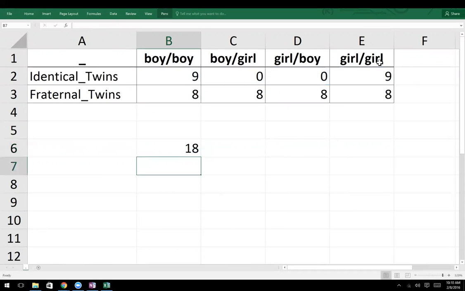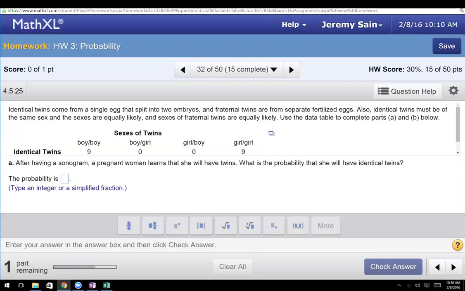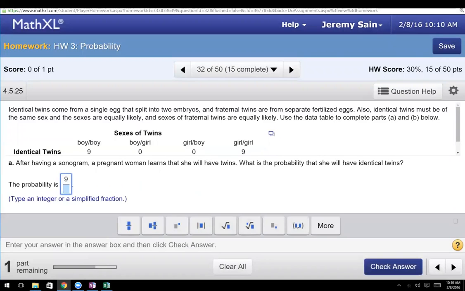That's the number of ways I can get identical twins, and twins in general would be anybody that's actually in this table. So it's 18 out of 50 or 0.36. As a simplified fraction, 18 out of 50 is 9 out of 25.